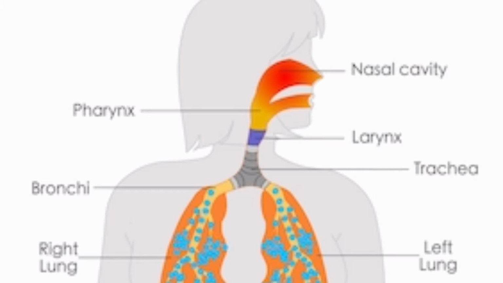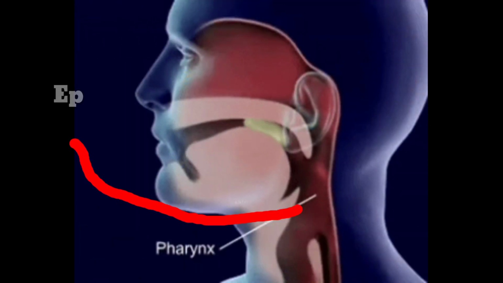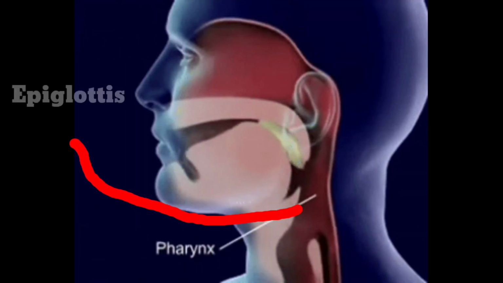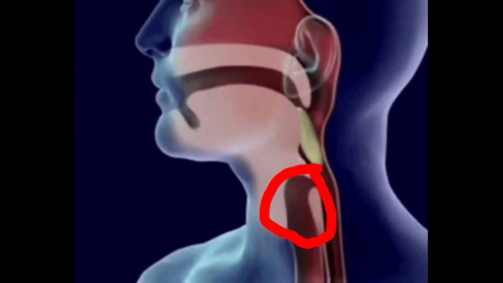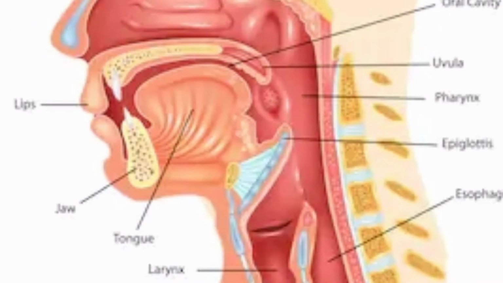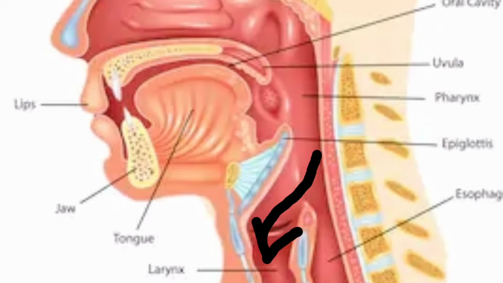Note one thing here, that between the pharynx and larynx there is a flap-like structure called the epiglottis. You can see here, this is the epiglottis, and it has an important function. During breathing, it is pointed upwards, allowing the airflow into the trachea.